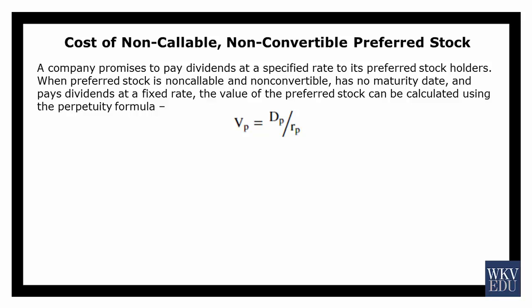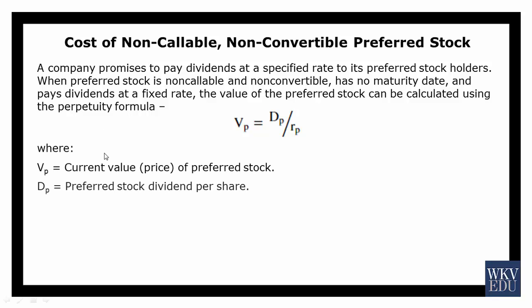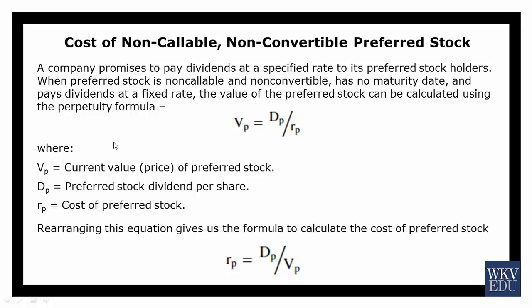The curriculum follows this nomenclature, and therefore I have put it this way, where the value of the preferred stock is the preferred stock dividend per share divided by the cost of preferred stock. Rearranging the equation, we can calculate the cost of preferred stock as follows. Just an algebraic manipulation.